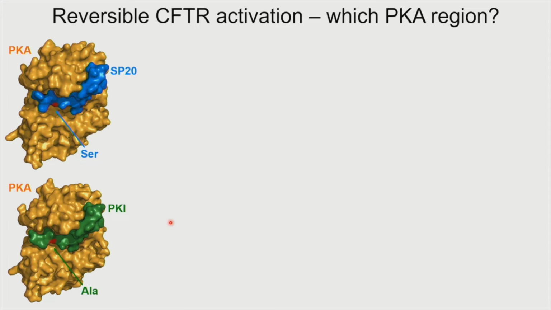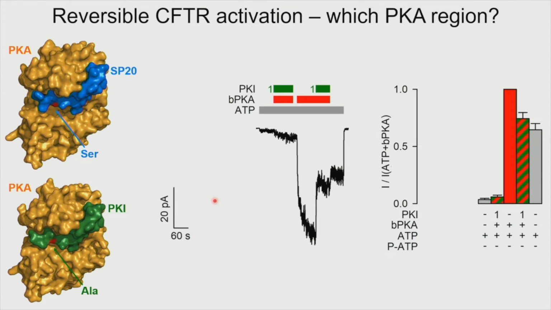Can it also prevent reversible CFTR stimulation? You can see here that PKI can not only prevent irreversible activation, that is phosphorylation, as expected, but reapplication of PKI following phosphorylation can essentially entirely abolish this reversible component of CFTR activation.